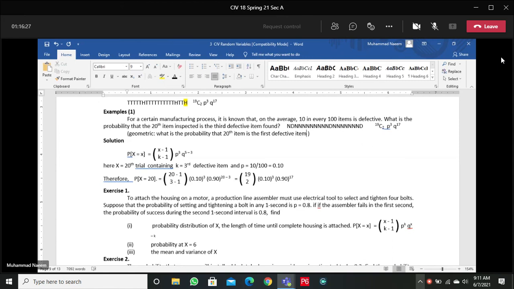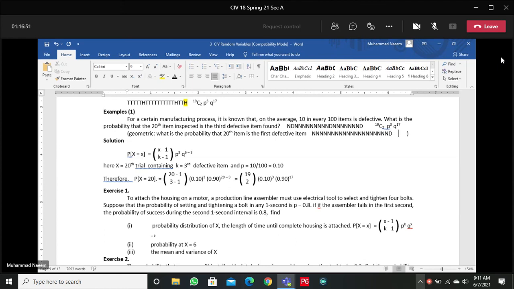This becomes a geometric problem. But how do we find this probability? The situation is 1, 2, 3, 4, 5, 6, 7, 8, 9, 10, 11, 12, 13, 14, 15, 16, 17, 18, 19, and the defective last one.